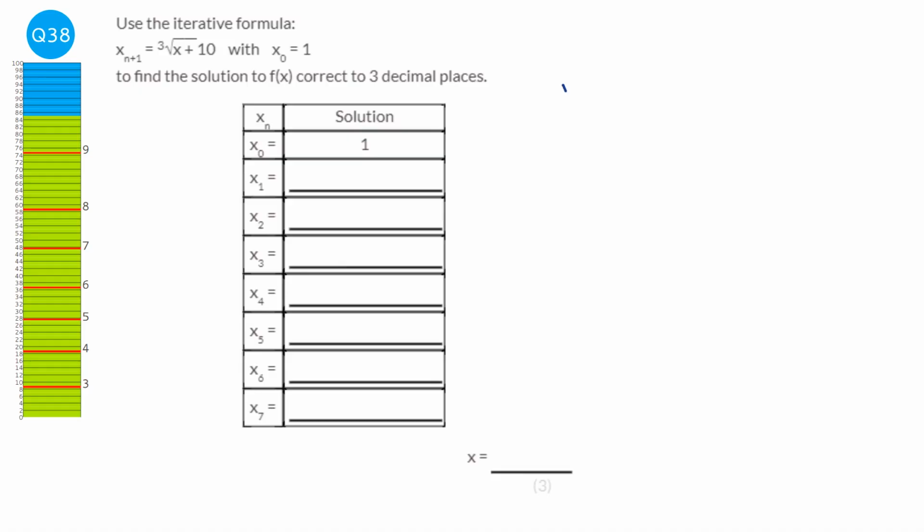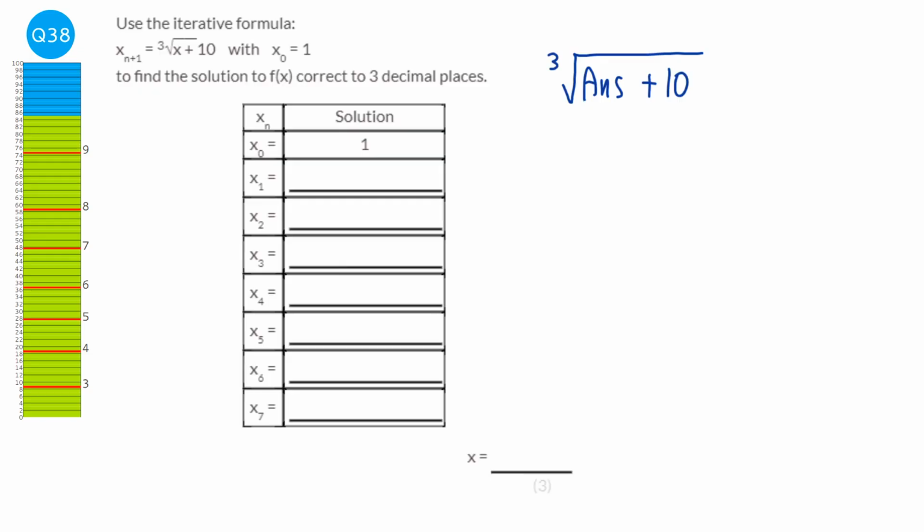So on your calculator it should look like this: the cube root, and then answer plus 10. When we press the equals button, it will work out what the next number is in our iteration.